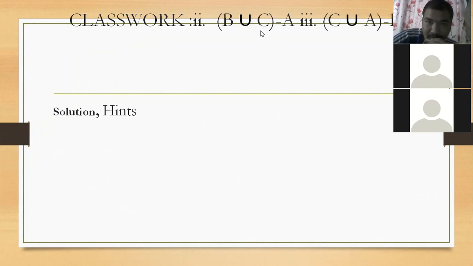Find B union C first, and from B union C subtract A. For number 3, first of all find C union A, and from C union A subtract B. Okay?